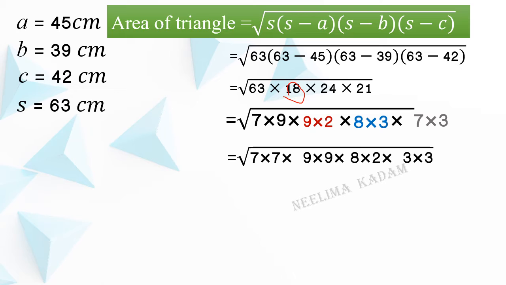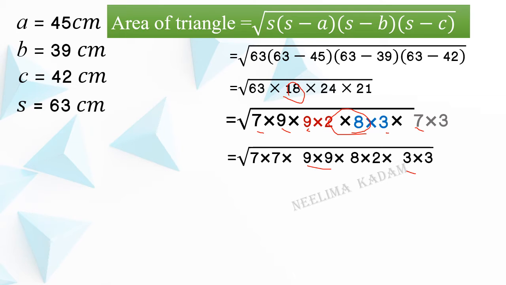Okay. Now, what are we doing? Writing similar numbers together. So 7 into 7, this 7, 7, 2 times. Then 9, 9, 2 times. 8 into 2, that is 16. See here, 8 2s are 16.